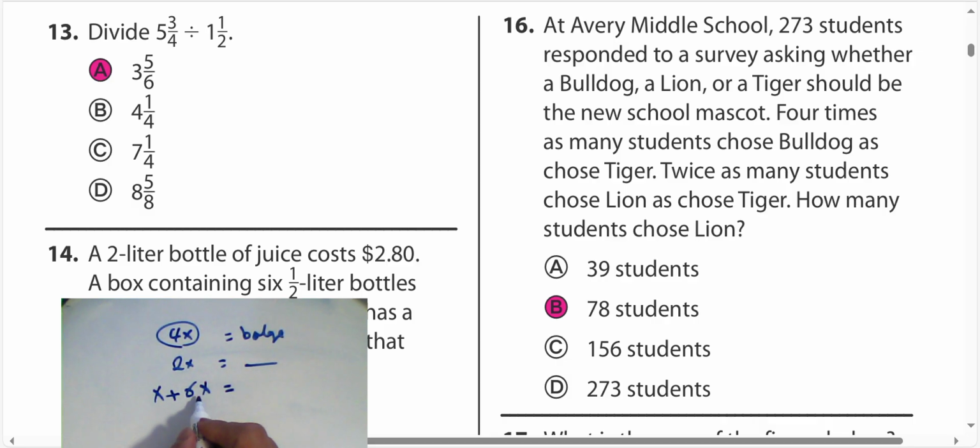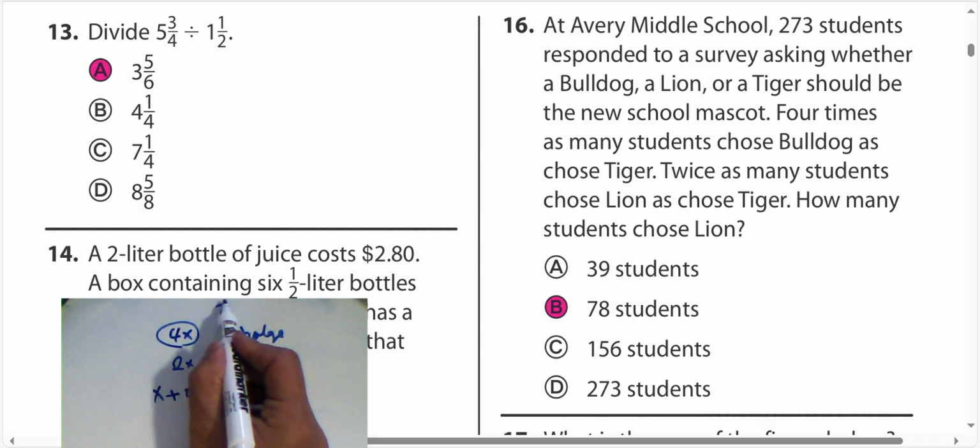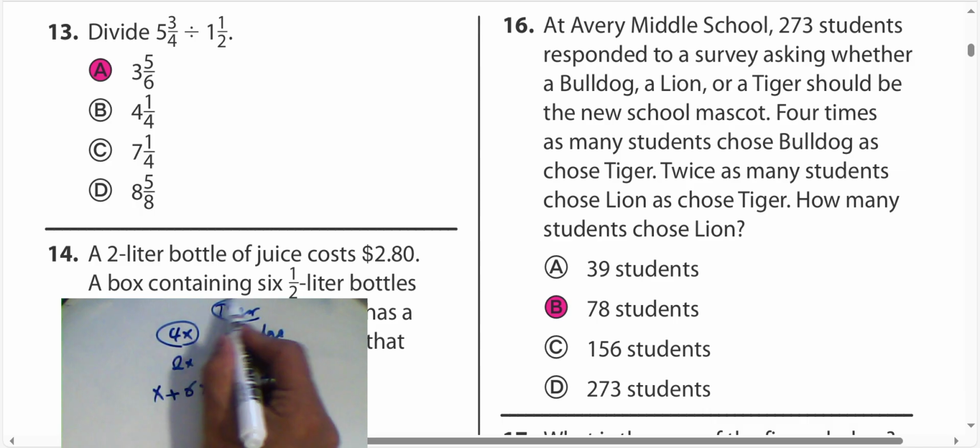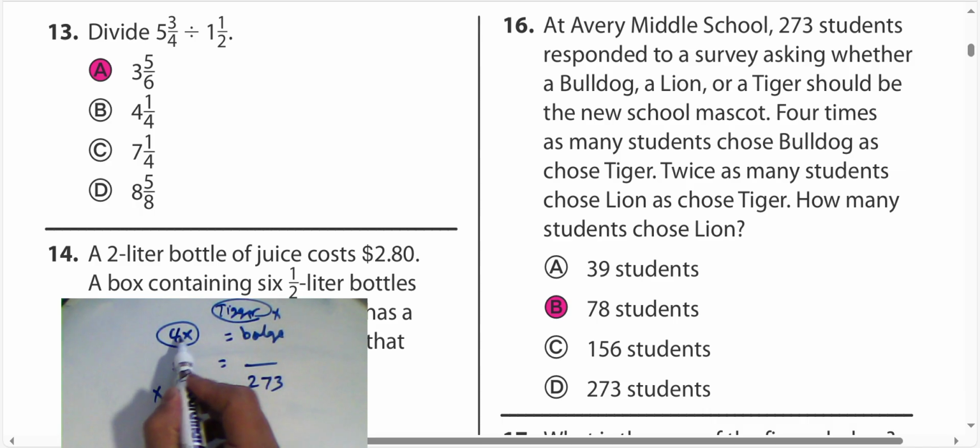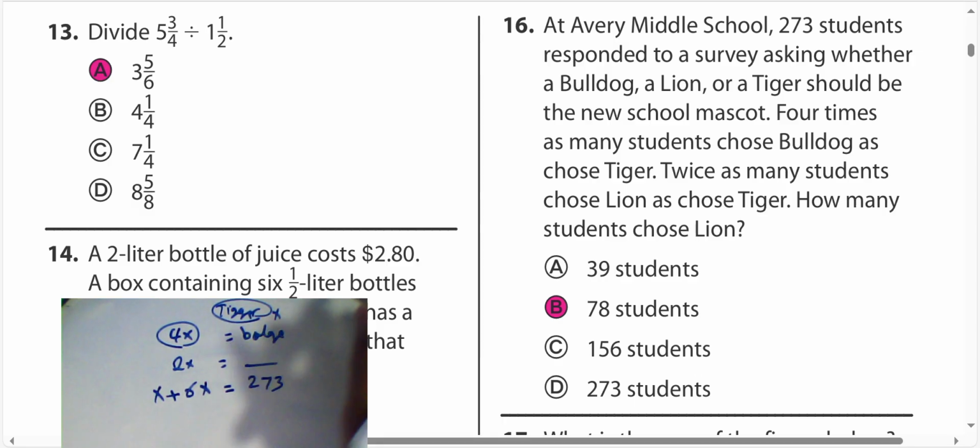Then bulldog is 4x and lion is 2x. So the total is x plus 4x plus 2x, which is 7x, equal to 273. Then we can find the number of students who like the lion.